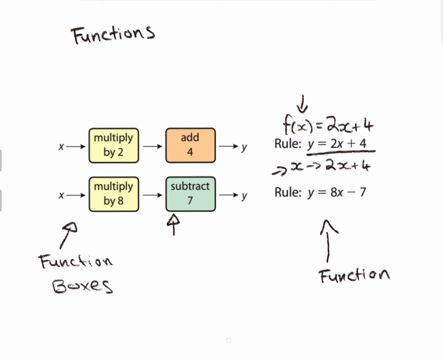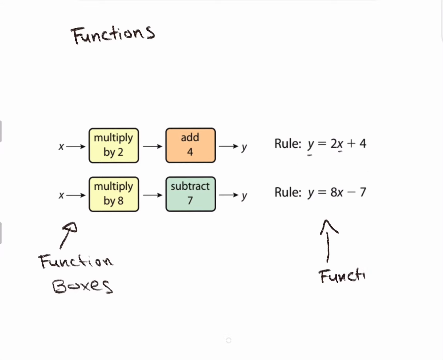Now, let me just get rid of some of these. So if you're looking at the function box on the left-hand side, the top one, okay? Here we have an x, and here we have a y, okay?